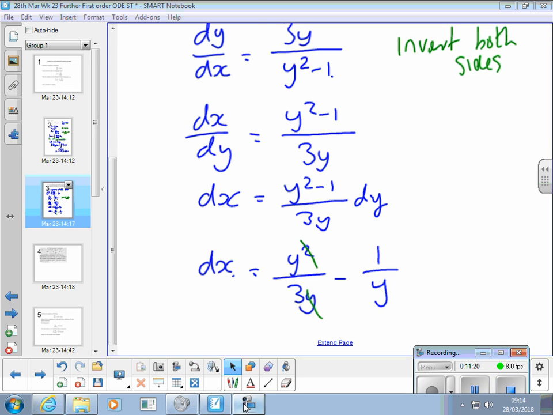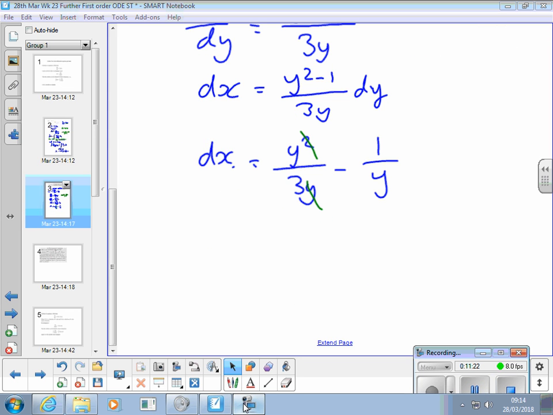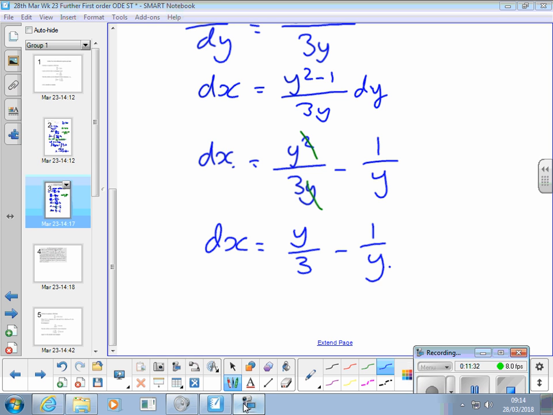So we've got dx is equal to y over 3 minus 1 over y. And we want to integrate both sides. We can do that now, they're separate.